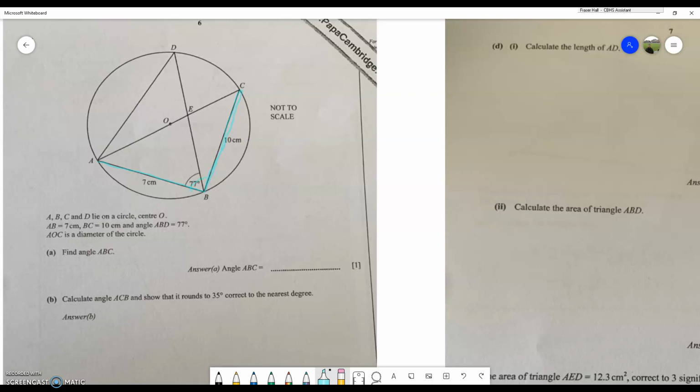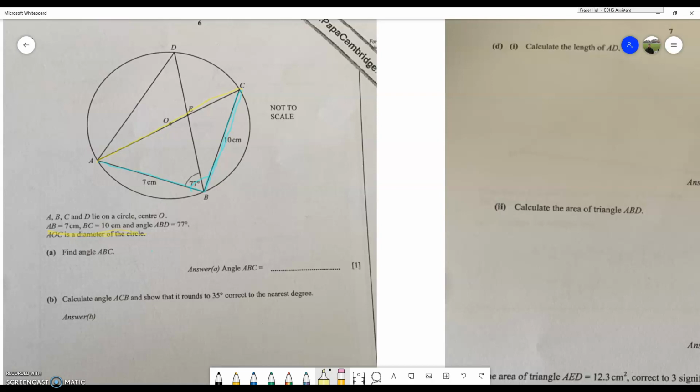Now the key bit of information that we're told is that AOC is a diameter. So that should send off alarm bells already, meaning that this line here is a diameter.